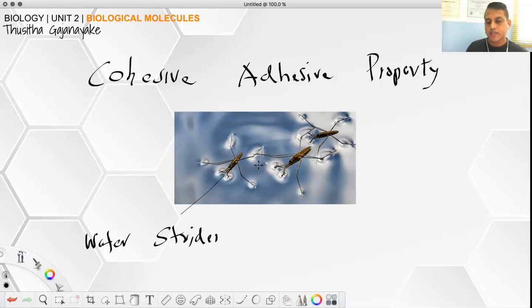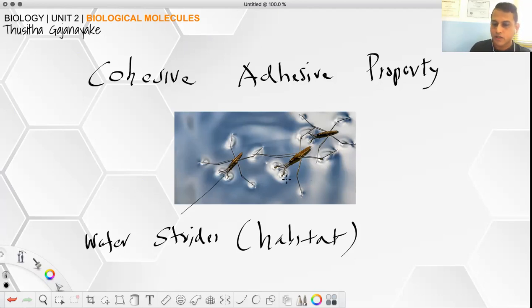Now, the water strider can move on the surface of the water. So their frequent living place is the surface of the water. So it is the habitat. Habitat is the place where an organism naturally lives. So the water striders live on the surface of water.